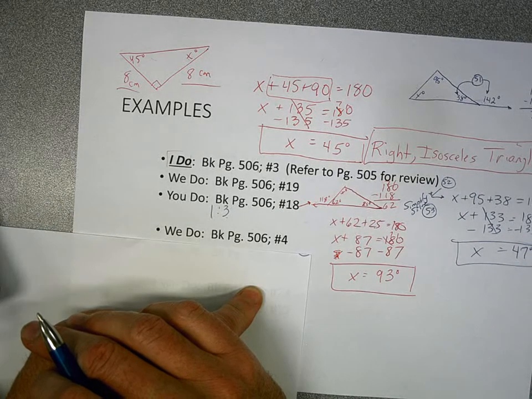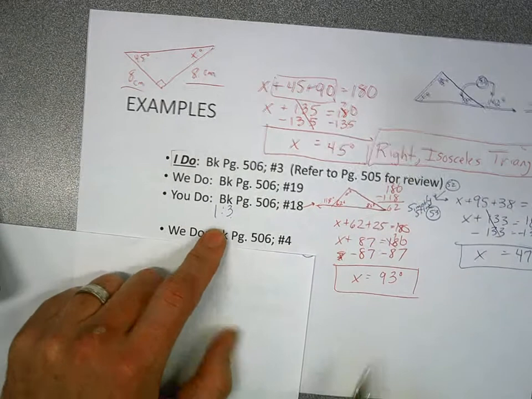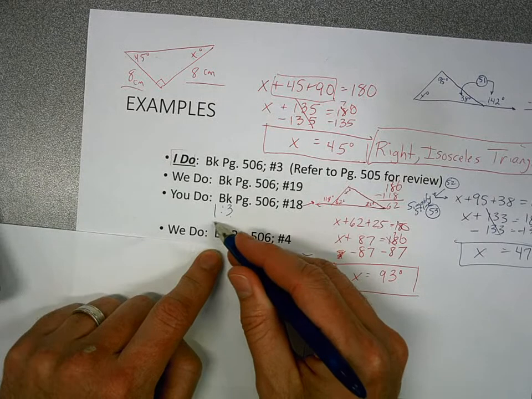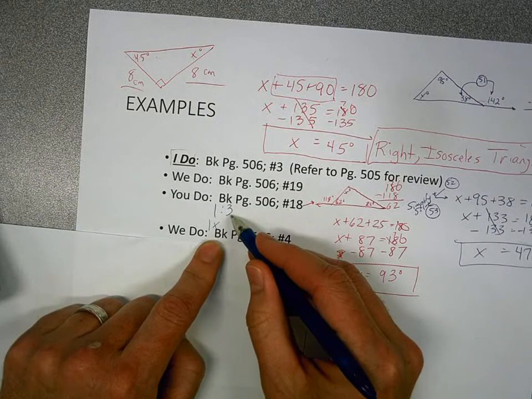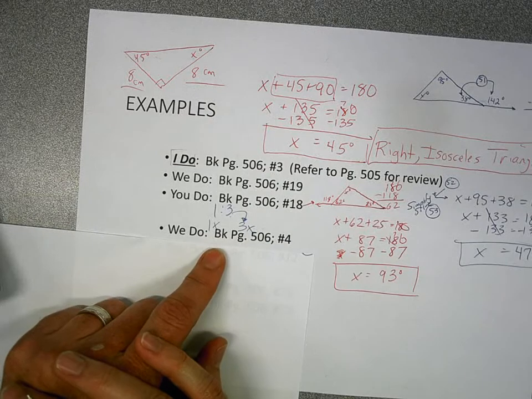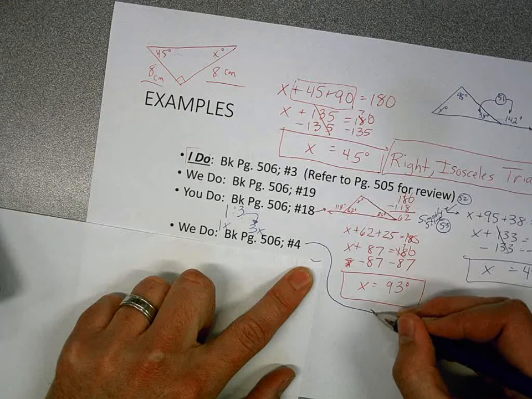So if this had a value of x, or 1x, this one would be what? 3x. You see that?